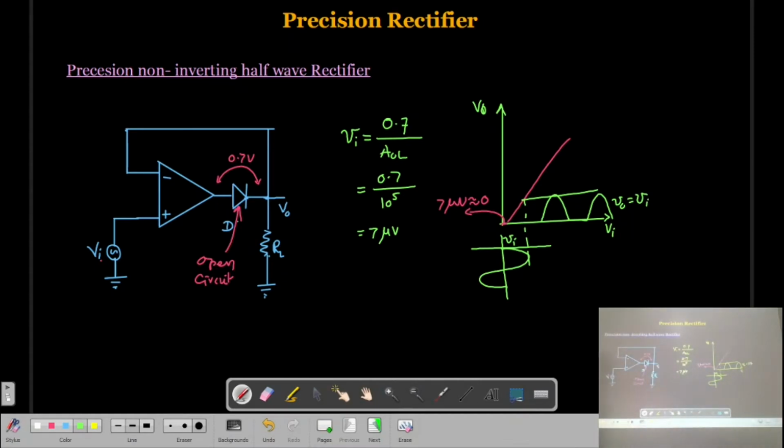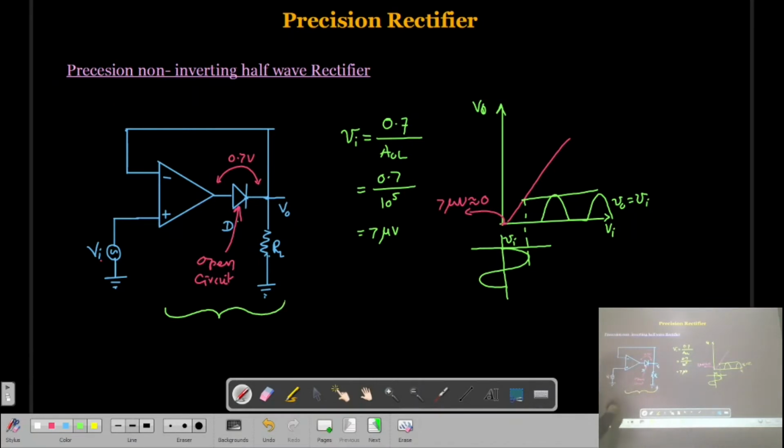This is the characteristic of a precision rectifier. Remember, here the diode is conducting almost whenever your positive voltage starts. It doesn't require any cut-in voltage.